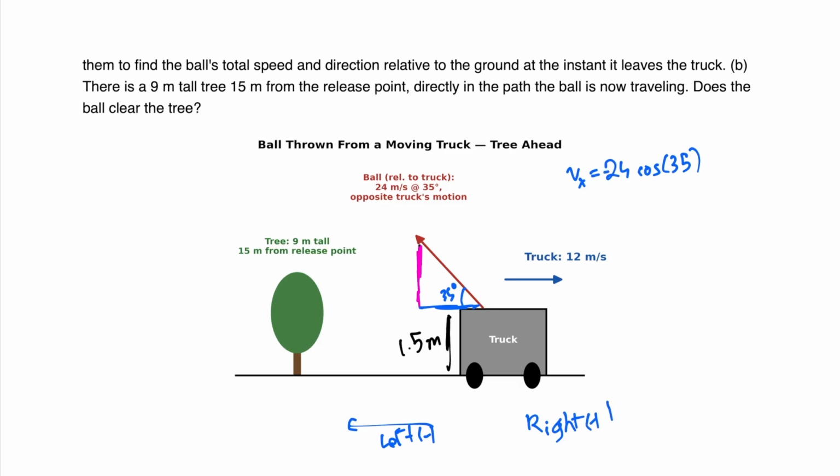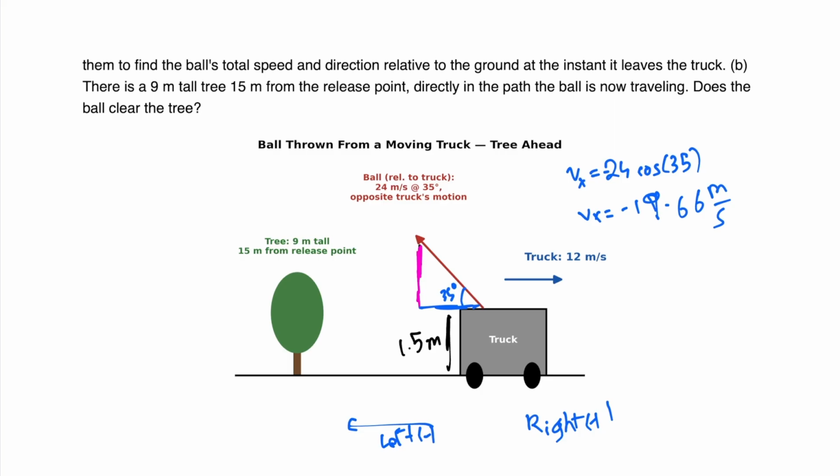And if you pull out your calculator and do that, you should get 24 times cosine of 35, negative 19.66 meter per second.